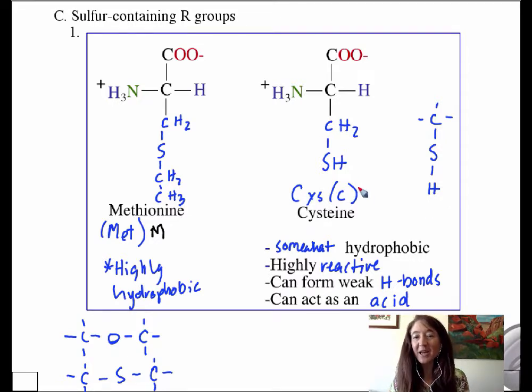Now, we need to spend a little more time with cysteine because not only does it end up being reactive in maybe enzymatics, but it also is incredibly important in protein three-dimensional structure.